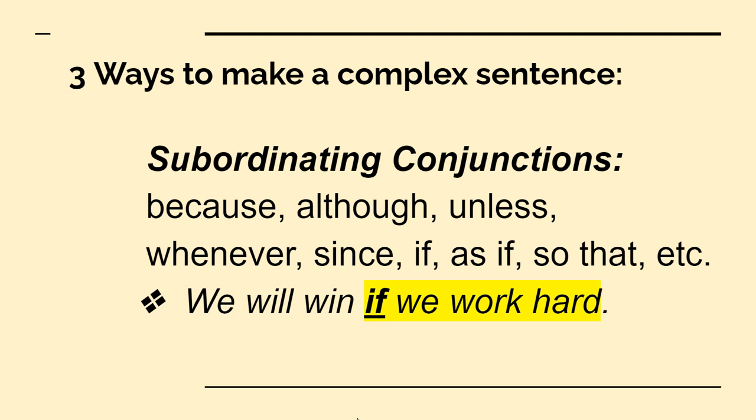And right here, the word if brings these two thoughts together. We will win if we work hard. Now remember, if we have that phrase, if we work hard, by itself, it needs more information. That's why this is a dependent clause. And we need that part, we will win, to make it a full thought.